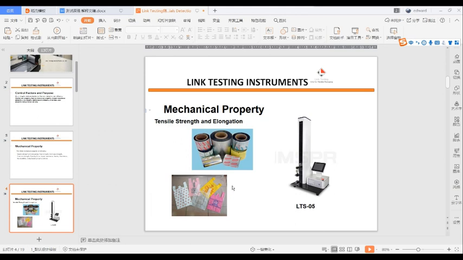Okay, the first one is the tensile strength and elongation. We always use the tensile tester to get these properties. We call this machine the tensile tester, but it can do more than 6 different testings to get 60 different properties, like the tensile strength, elongation, tearing, puncture, and many more.